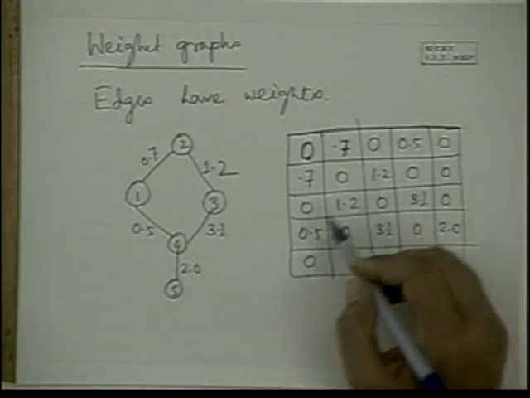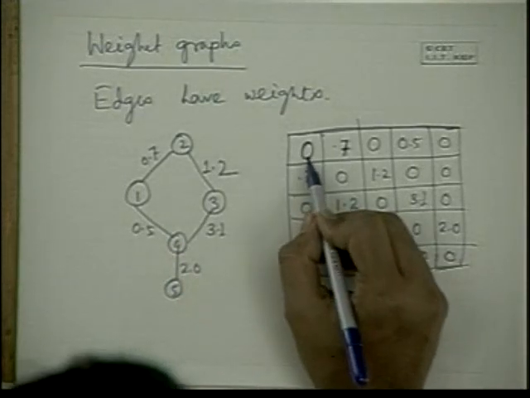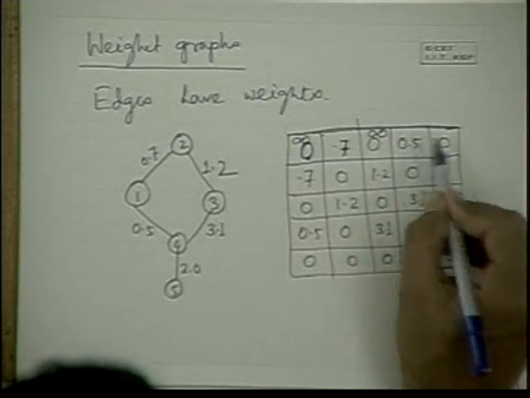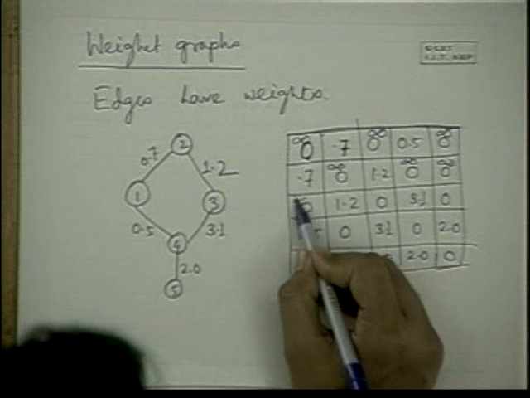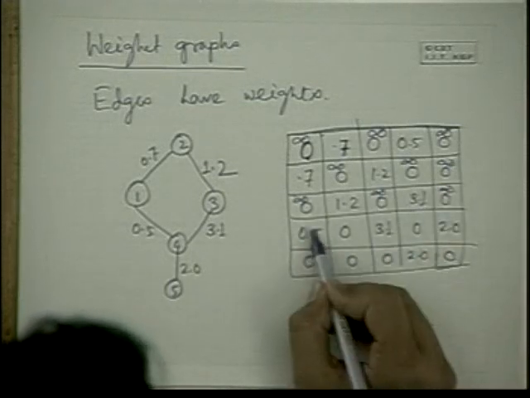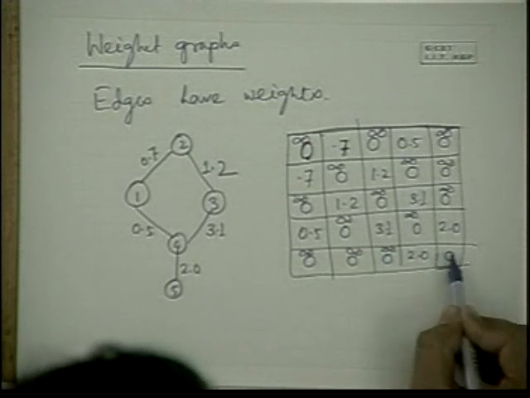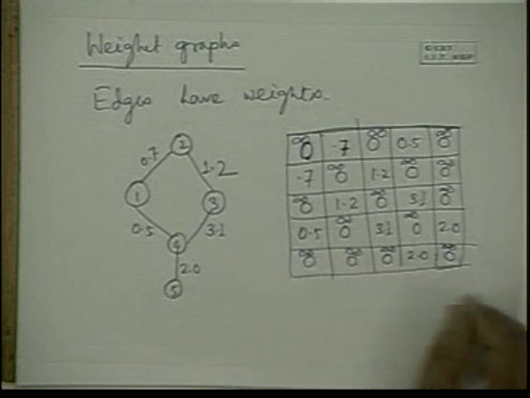In some applications, if the edge weights are 0, in that case probably you should represent this particular 0 with some high value, say infinity. So all these 0s you can represent with infinity, which represents that there is no edge, or basically there is an edge with an infinite, very large weight.